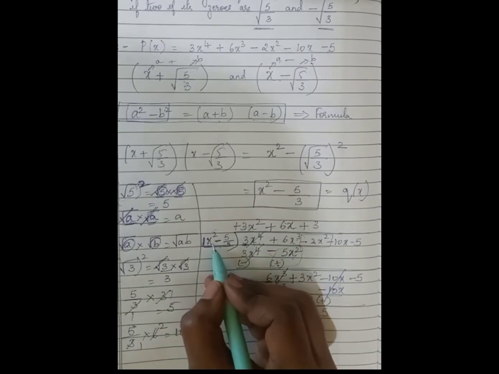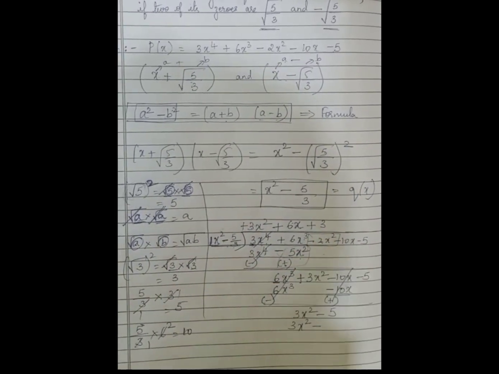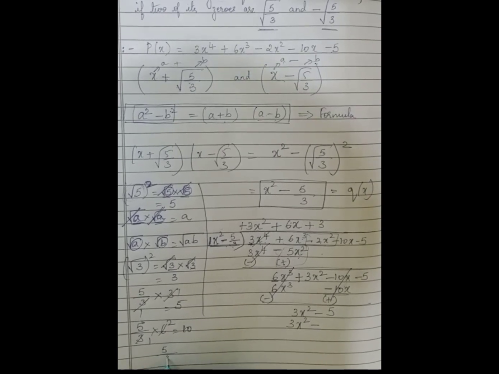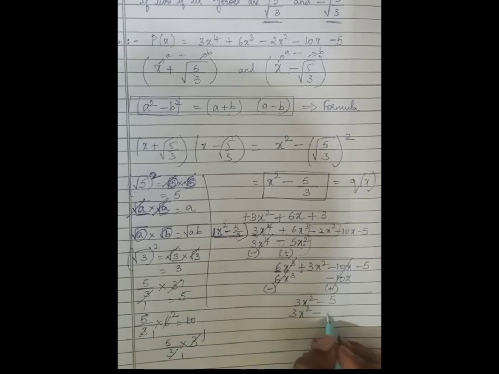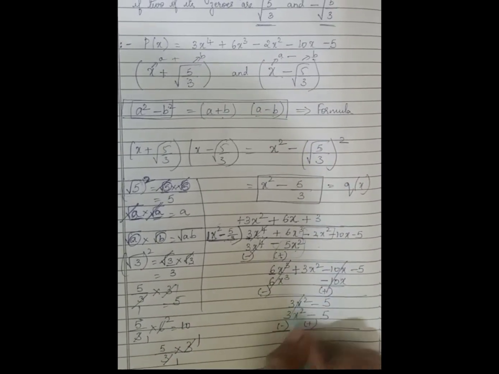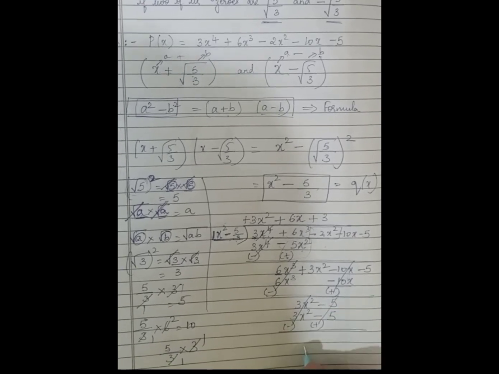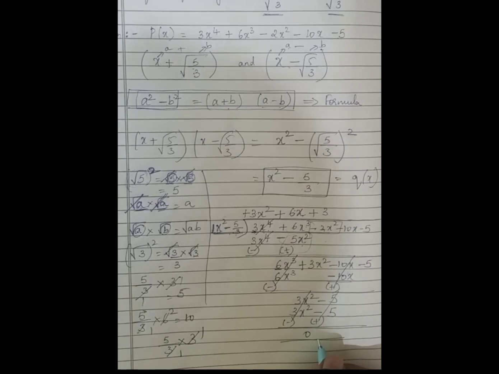X square. Plus into minus, minus. 5 by 3 into 3. 3 ones are 3, 5 ones are 5. Change the signs. So we have got 0.